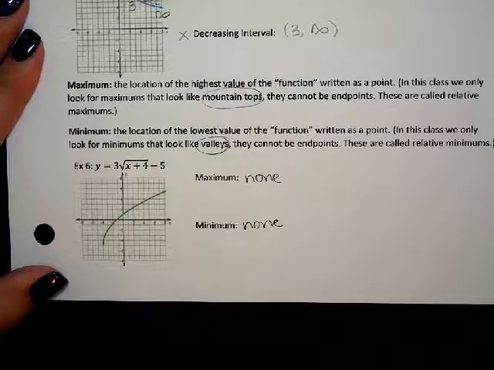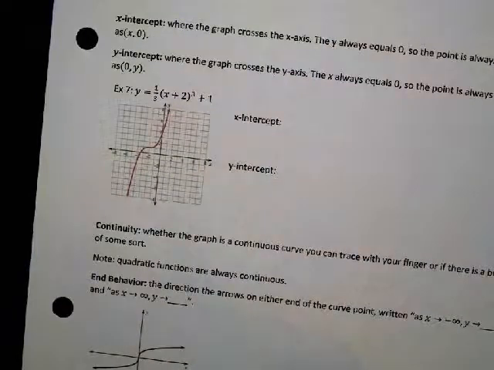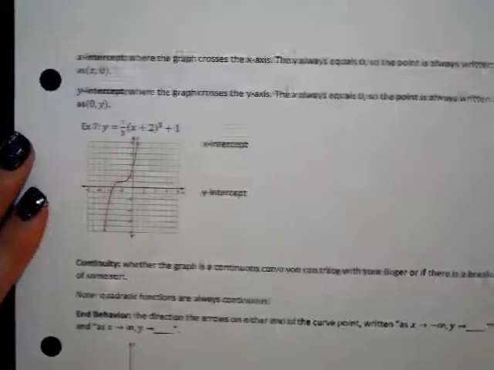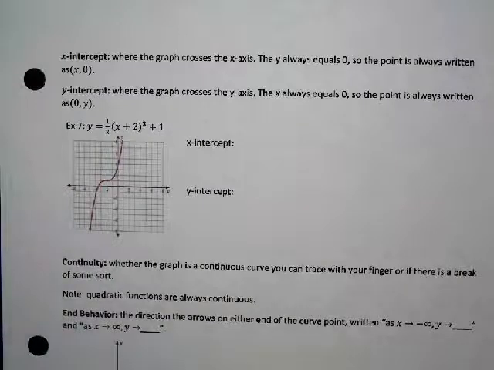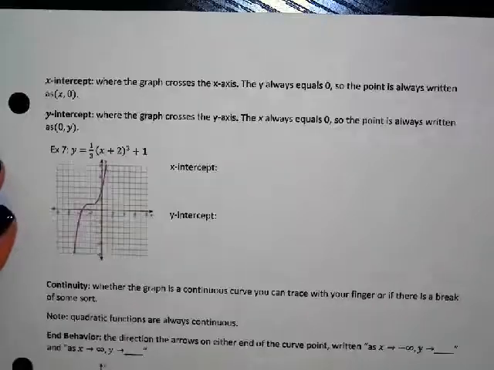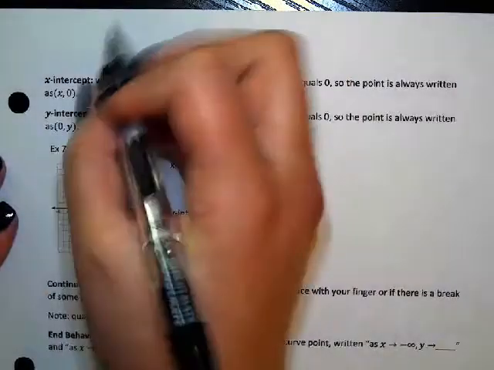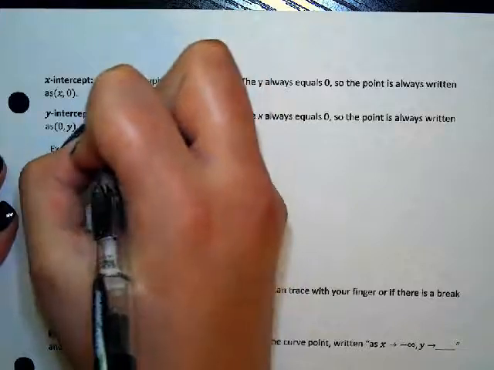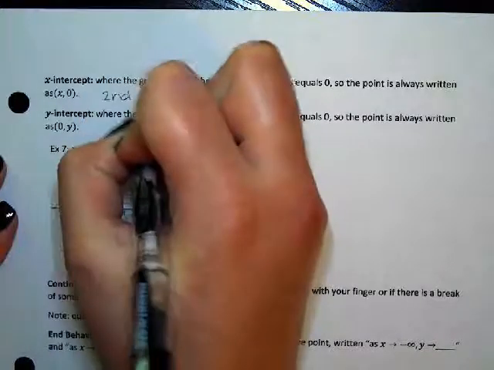All right, next page. All right, x-intercepts and y-intercepts. Just like before, we're going to find these with our calculators. I'm going to go ahead and write out the steps just like before. You're going to put these in your notes. So the calculator steps for x-intercept is second, trace, number 2.